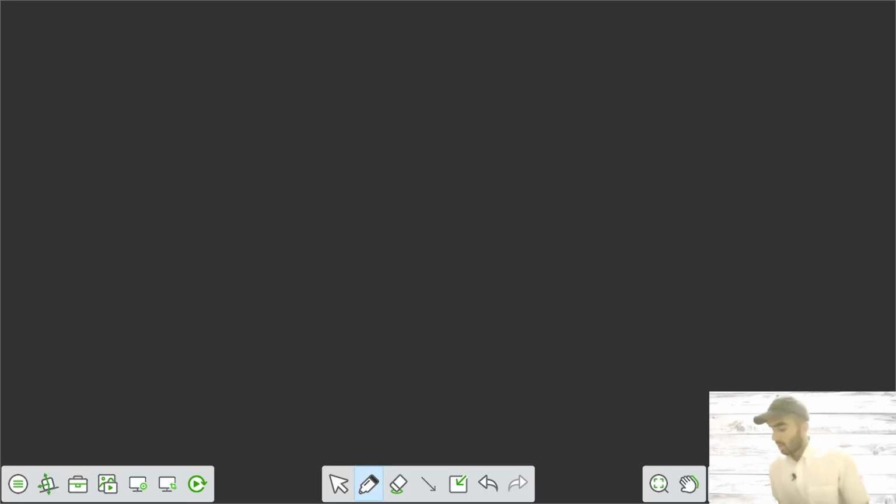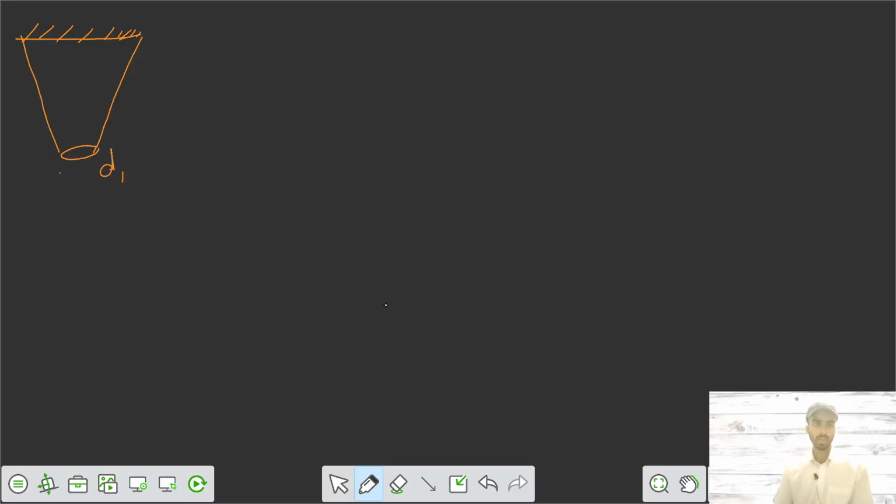Now, next is the same bar, but it is not tapered up to the end. The circular section was tapering, but you stop it at a point where the diameter is D1. In the case we studied, the diameter was 0, but now we stop at D1.